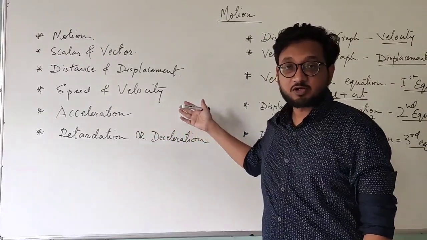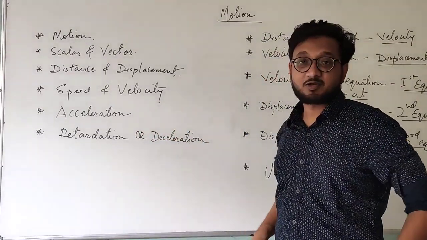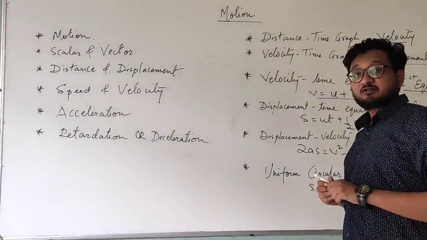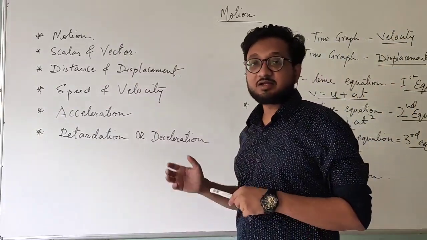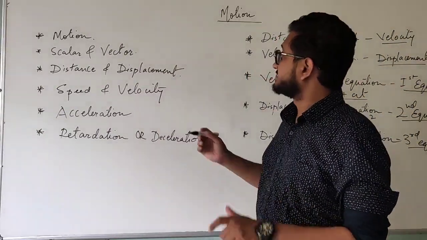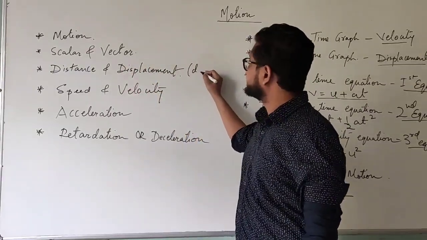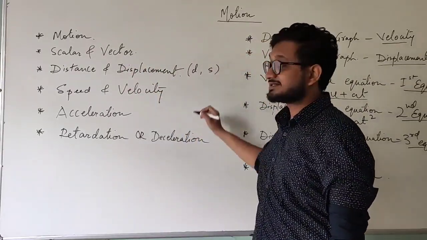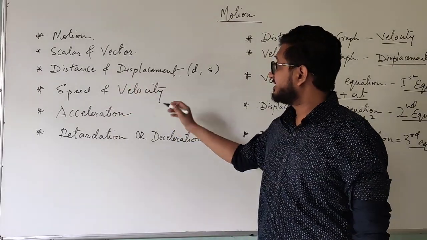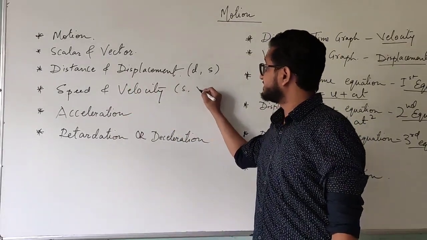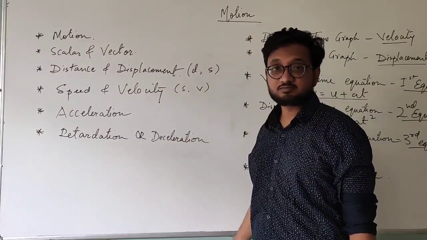Acceleration: uniform, non-uniform acceleration, retardation. Don't get confused in the units and the symbols of these. Scalar and vector quantities, distance and displacement. Distance is given as d and displacement is given as s. In the same way, speed is given as s and velocity is given as v.